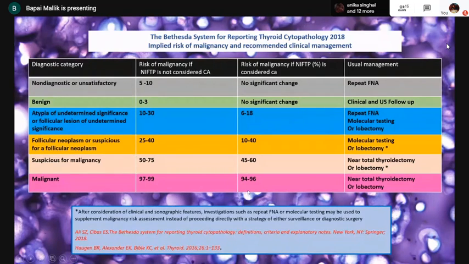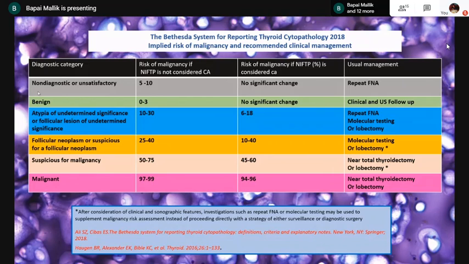One important point about the nomenclature. It is recommended that every laboratory choose one of the two available phrases when you are dealing with Bethesda category 3 or 4. So either you use the term atypia of undetermined significance in all your reports of this category, or you use the term follicular lesion of undetermined significance and use it in all the reports.